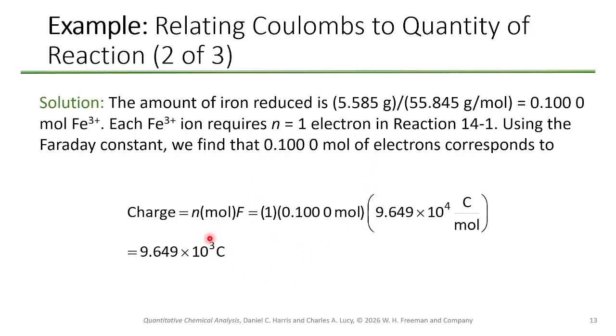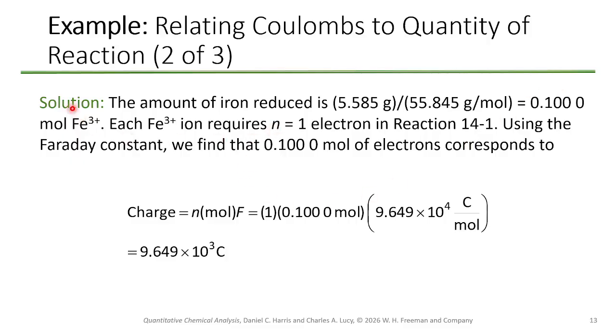In this case we have one electron being transferred, and so our N, the charge, is 1. We then have 5.585 grams divided by the molar mass, or atomic mass in this case, which is 55.85. You may have wondered why it's such a weird number: so that this number could be easily calculated.